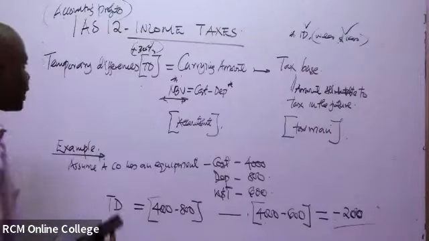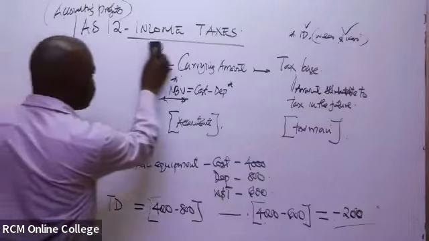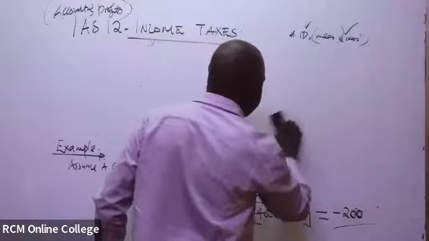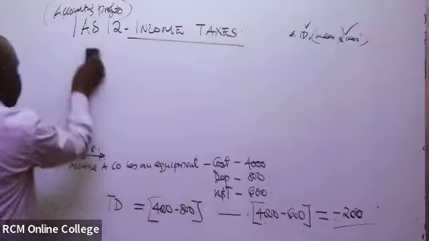So you can write something briefly: the types of temporary differences. There are two.